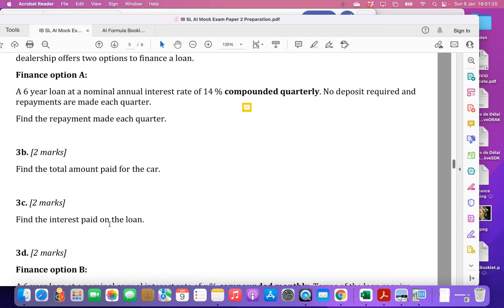Find the interest paid on the loan. Well, it's the present value plus interest equals future value, or whatever the total of our payments.